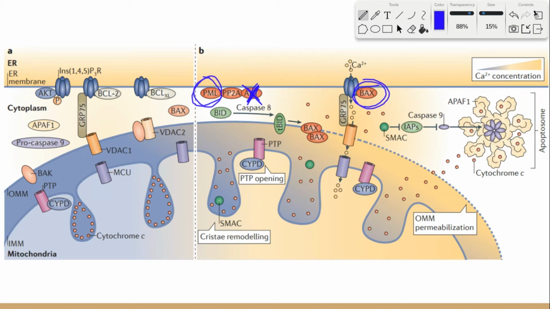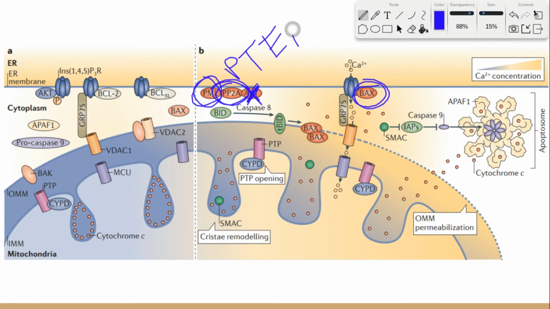Remember, AKT placed phosphorylations on IP3R that attenuated its activity during apoptosis. PML simultaneously recruits the PP2A. PP2A is a phosphatase that removes inhibitory phosphorylations from IP3R. It also recruits P10. You've probably seen P10 before.